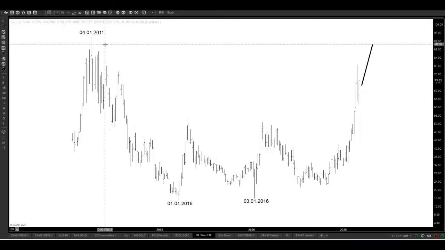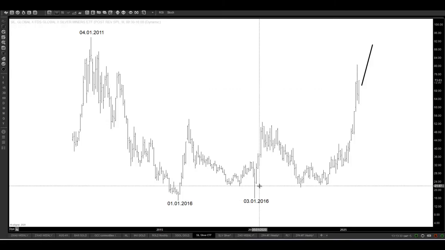Right? So, in other words, in silver related, yes, 16 is 20.